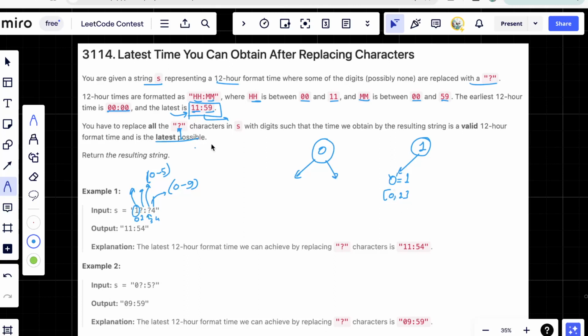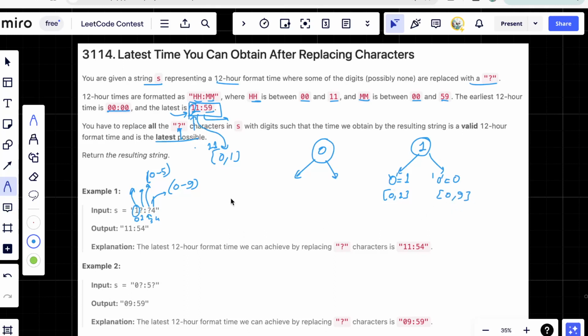The reason being, the latest time possible is 11. So when this is already 1, the only choices at this particular position you can have is either 0 or 1. Now let's say at the 0th index, a 0 is present. If a 0 is present at the 0th index, the possibilities can be from 0 to 9.